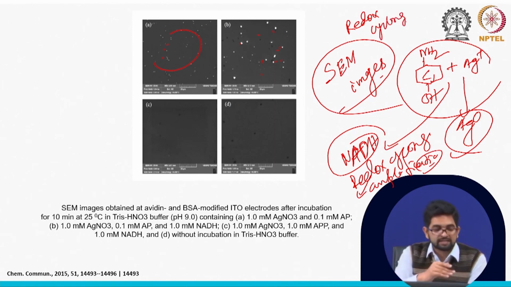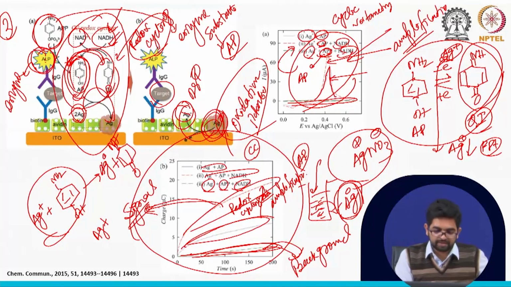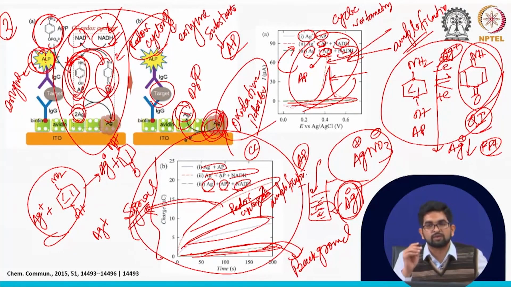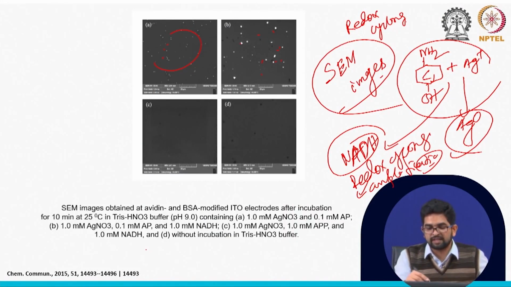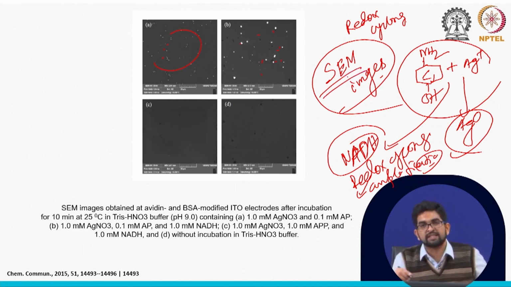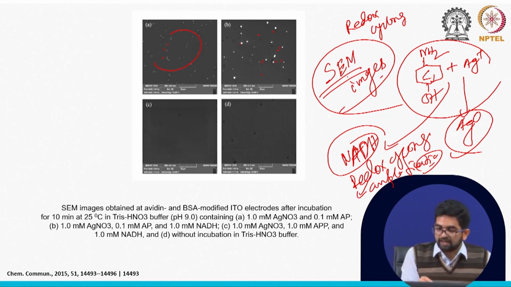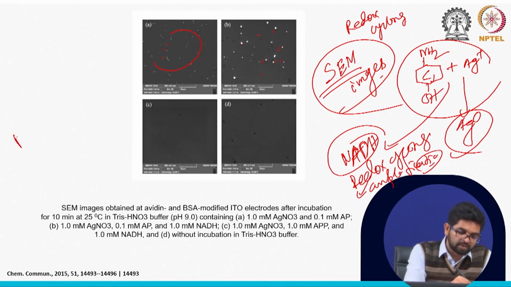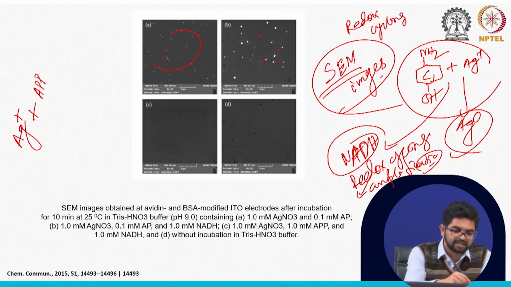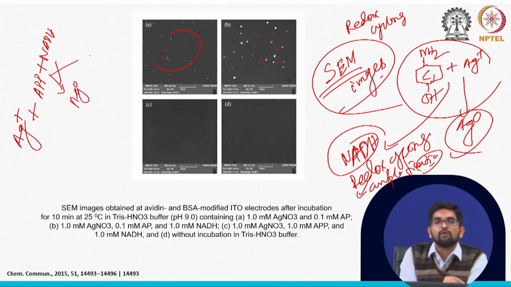In the last slide you proved it electrochemically by the chronoamperometric technique, and in this slide I am showing that you are proving it by image analysis, the SEM image, scanning electron microscopy image. In the reaction we proposed that if APP and NADH are present with silver plus, then there is no silver 0, so there is no nanoparticle.